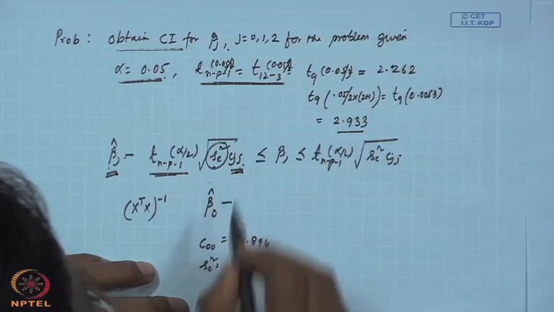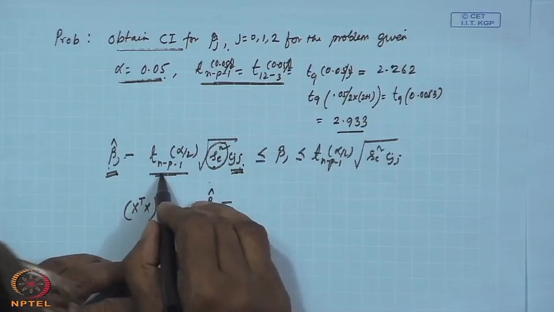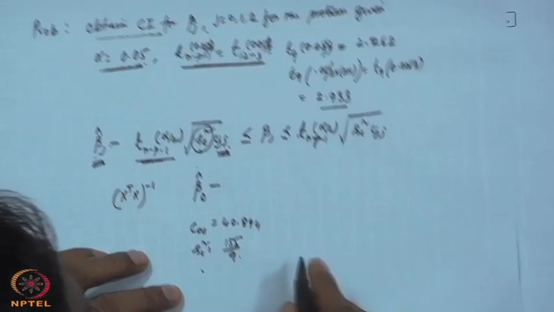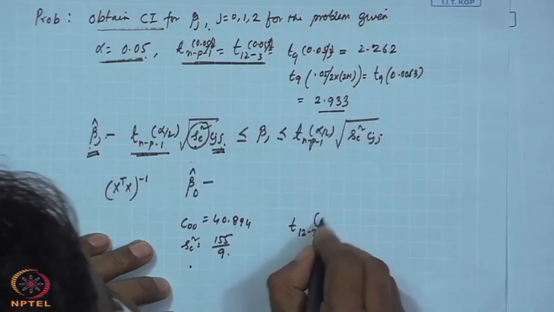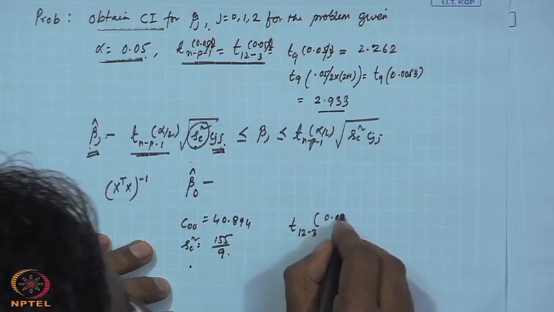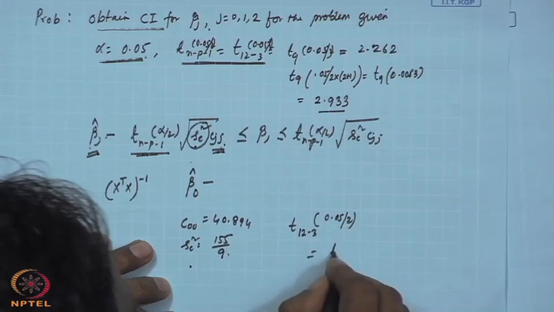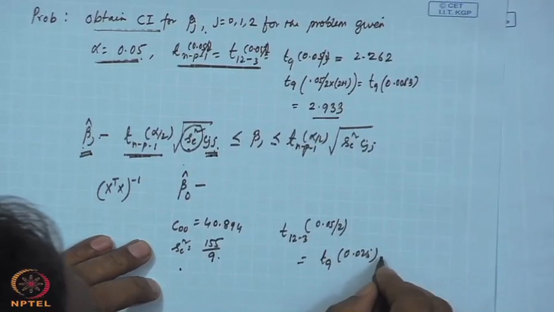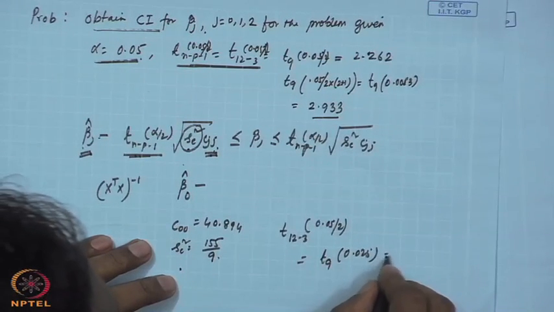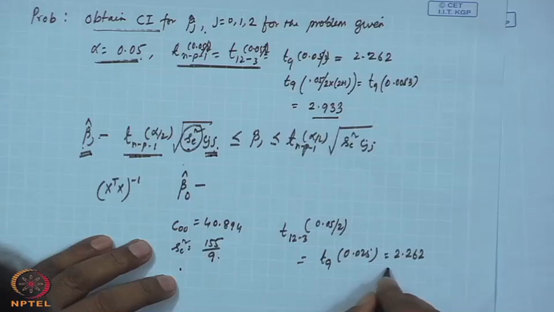C j j is known, s square is known. Now, you require to know what will be the t value. t with 12 minus 3, and alpha, let it be 0.05, by 2. So, that means t 9, 0.025. This value, if you see in the table, will be 2.262.